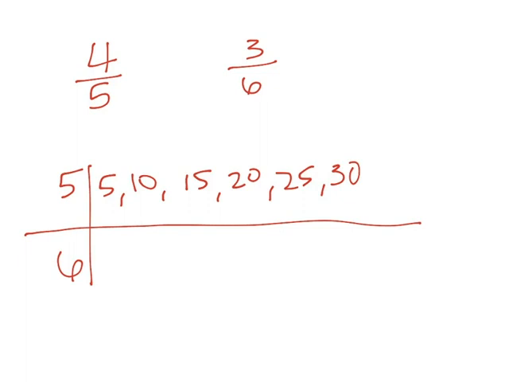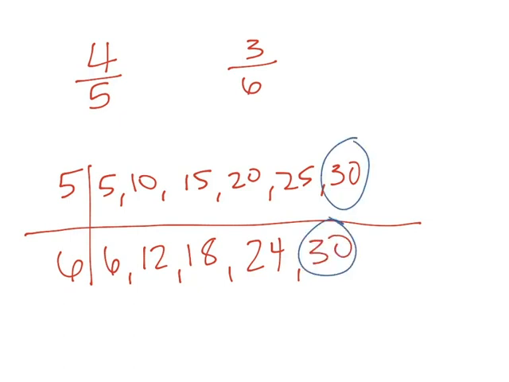So I know 5 times 6 is 30, but let me see if I'm going to have any multiples before then that would be less than 30. Let's see, 6, 12, 18, 24, and 30. Nope, looks like 30 is going to be my magic number.